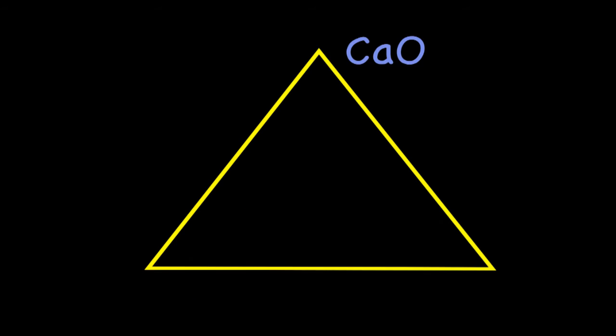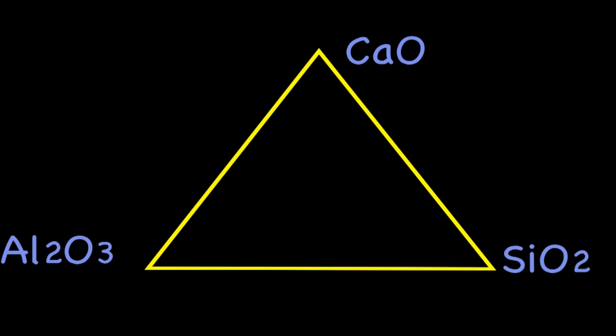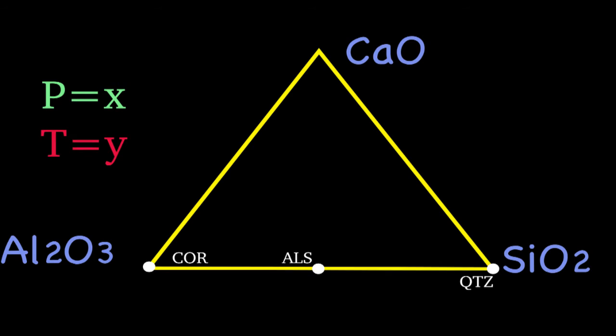We place these 3 components on the tips of a triangular compositional diagram like so. Recall that these compositional diagrams are for a particular condition of pressure and temperature. So let's say that we go to some arbitrary pressure and temperature such that these compositional elements will be possible to make corundum and aluminum silicates such as those in the kyanite, andalusite, sillimanite system, quartz, calcium plagioclase, which is also known as anorthite, grossular, and wollastonite.